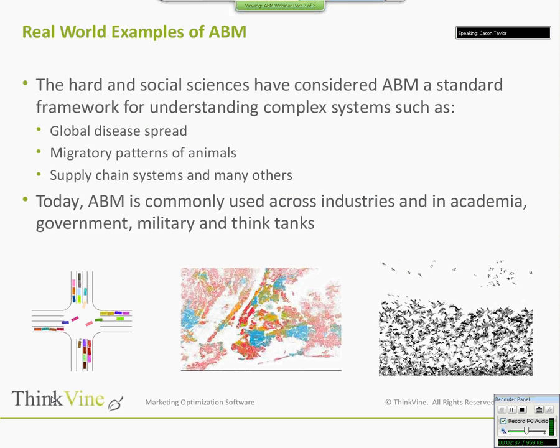Here are a couple of examples of where it's been applied. It's been used to model disease spread, to model and explain migratory patterns of animals, and supply chain systems, and it's used a lot by the government, military, Santa Fe Institute, and lots of other places to model various things.